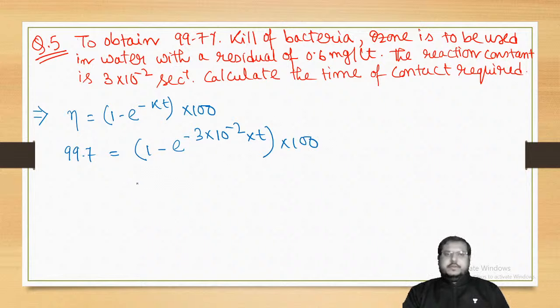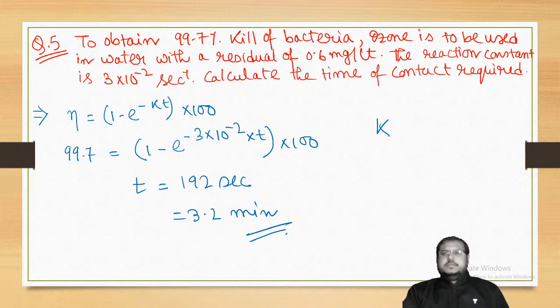From here, solve for t. It will be 192 seconds, which is eventually 3.2 minutes. K value is given in second inverse itself.